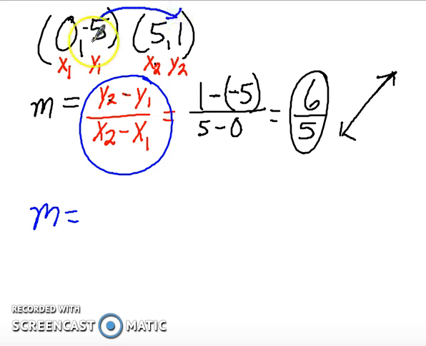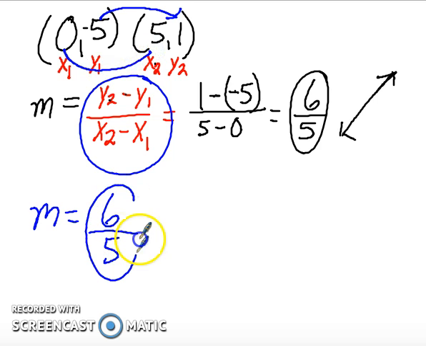Well, it's a positive change. They're getting bigger, and it changes 6. So the slope is 6 over the horizontal change, changing the x's. How far does it change from 0 to 5? That's a positive 5. There it is. So that's how I'm getting it right there. So I'm going to plug that in. Now, when you write this, there's where it is. Okay? So any questions? Hopefully not.